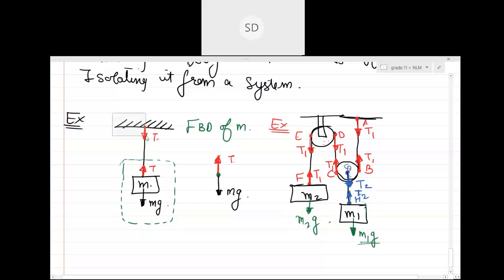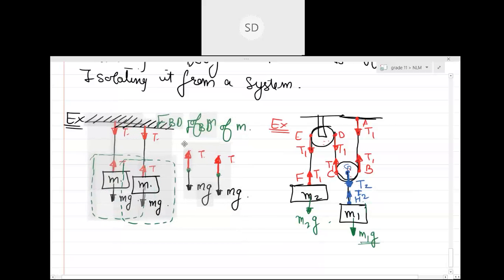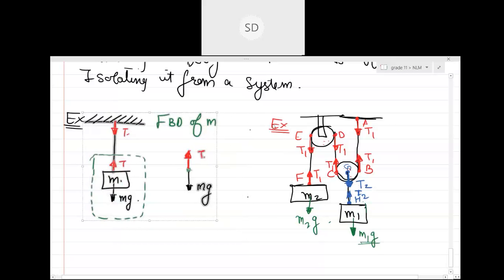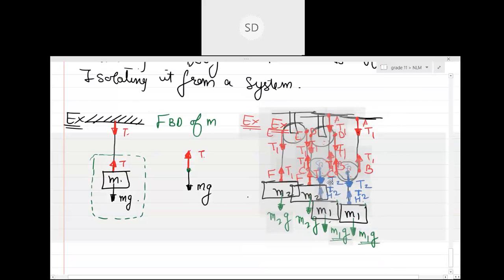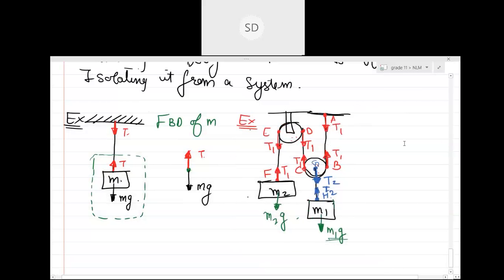The second example. Two. So basically, how many free body diagrams can I draw? I can draw two different diagrams, right? Will you be able to draw the free body diagram of M1 mass, and the free body diagram of M2 mass?